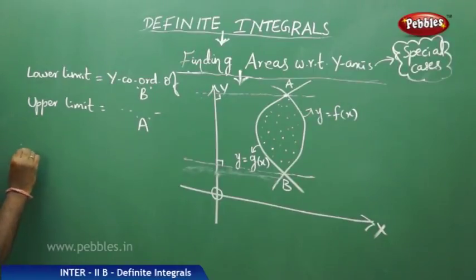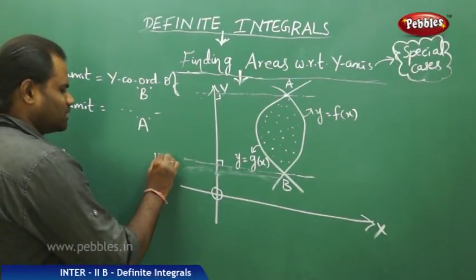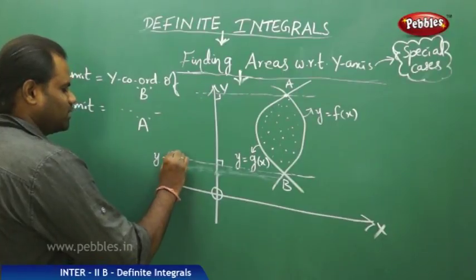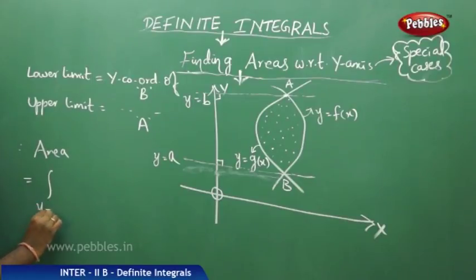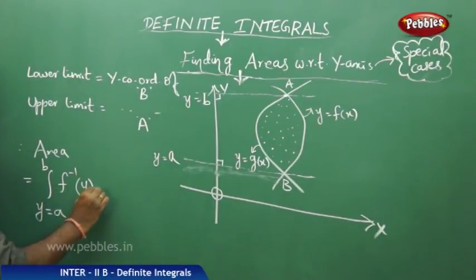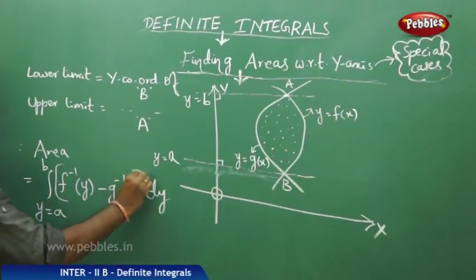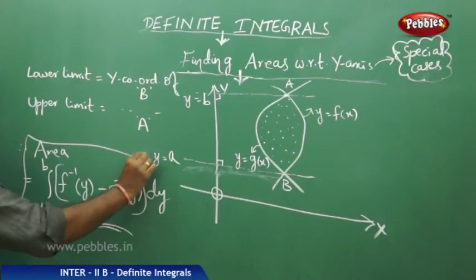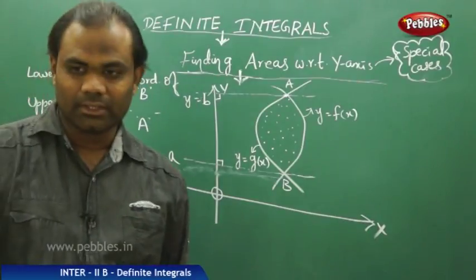Therefore, the required area would be the integral of, if I assume the lower limit, the y coordinate of the point of intersection, as y equal to A and this is y equal to B, then I get this integral from y equals A to B of the upper curve minus the lower curve, is what we get as the area using integrals.